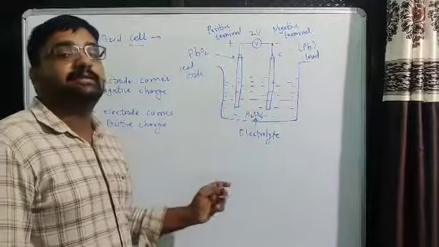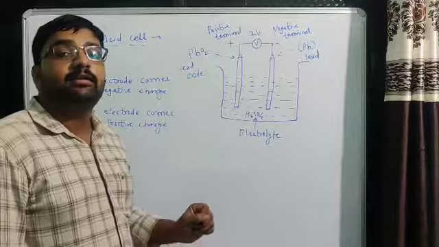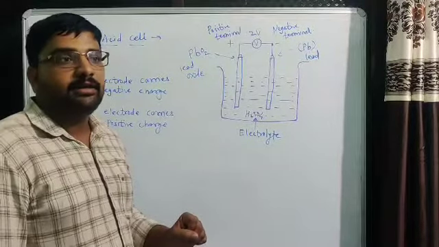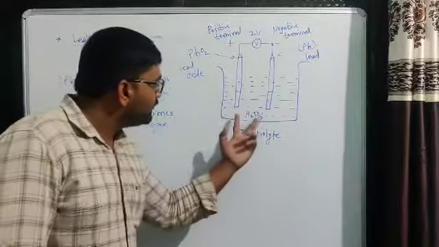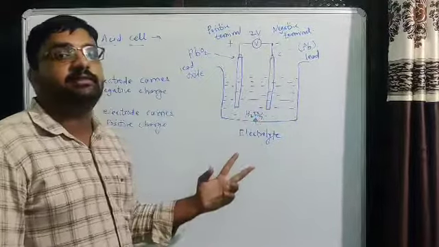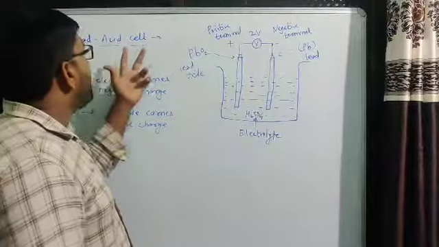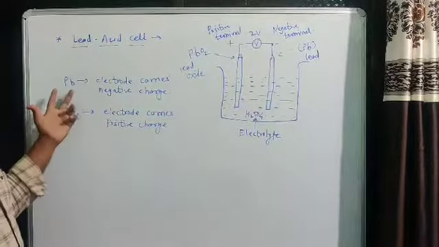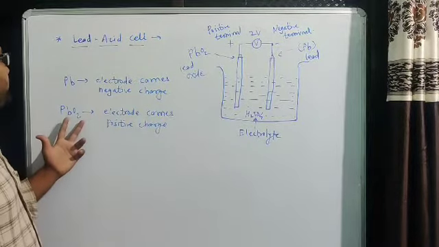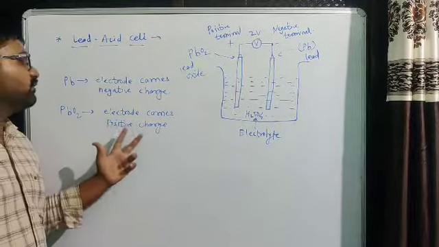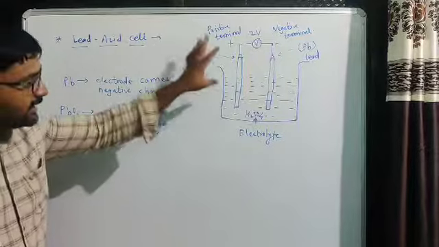Such cells are generally used in trucks and other vehicles, in their batteries. The Pb electrode carries all the negative charges and the PbO2, the lead oxide electrode, carries the positive charges in this cell.